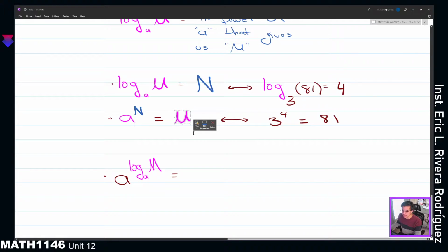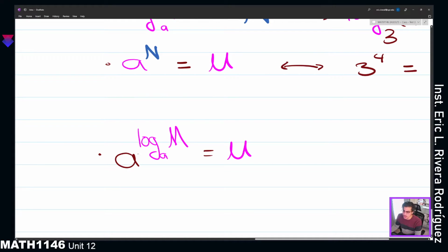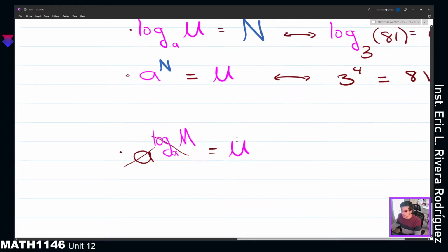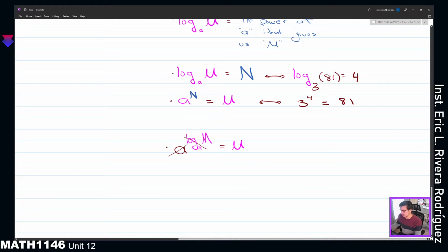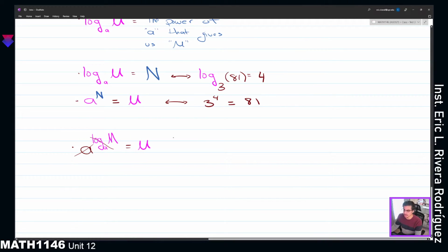So at the end, this expression is just equal to m. So in a way, it's like canceling the base of the exponential expression with the logarithm function in the exponent, and just taking the argument and putting it on the right side of the equation.